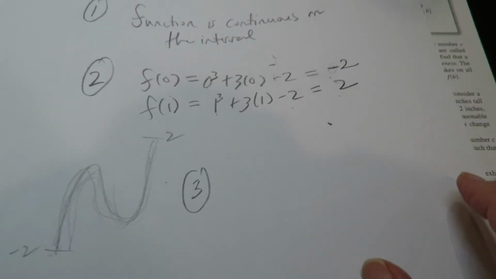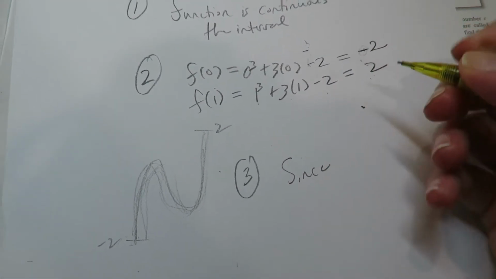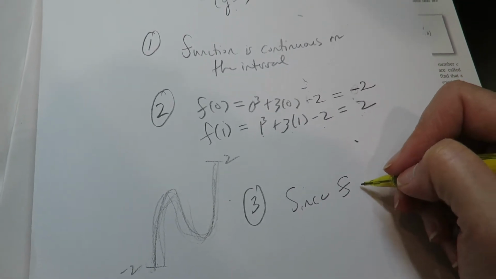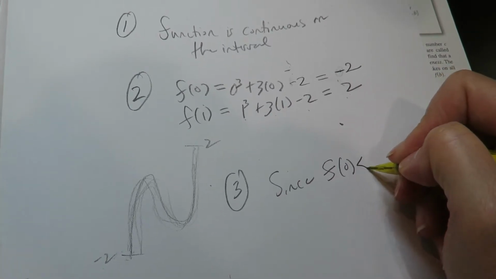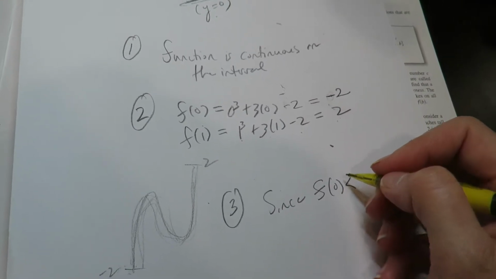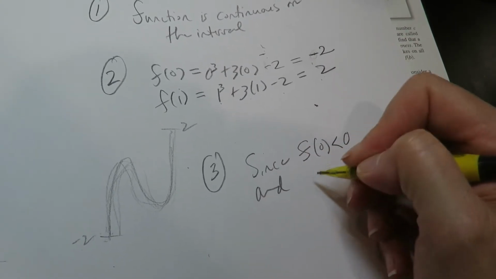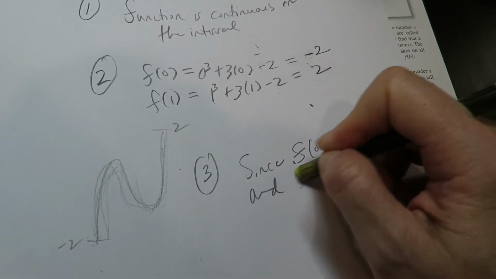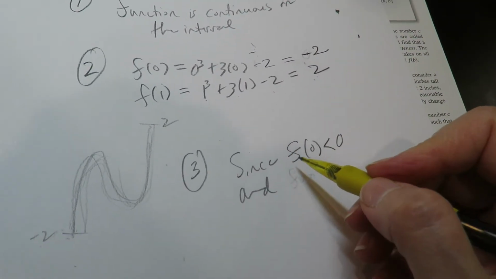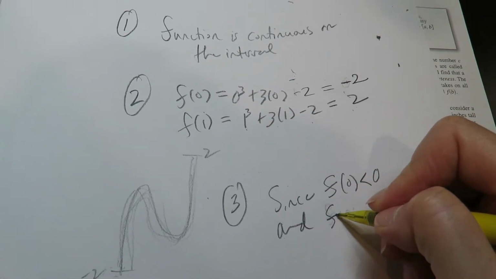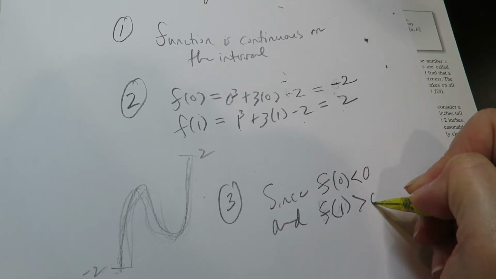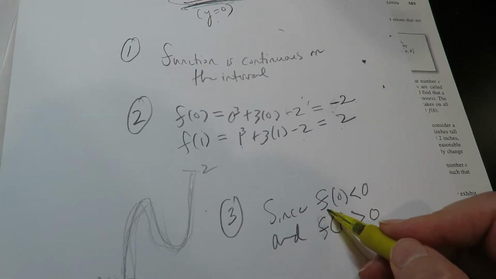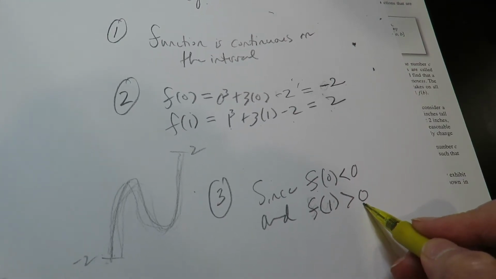So what you want to say is that since the function is below 0 and the height is above 0, 0 being what I'm looking for, I'm below the value that I'm looking for, and I'm above the value that I'm looking for.